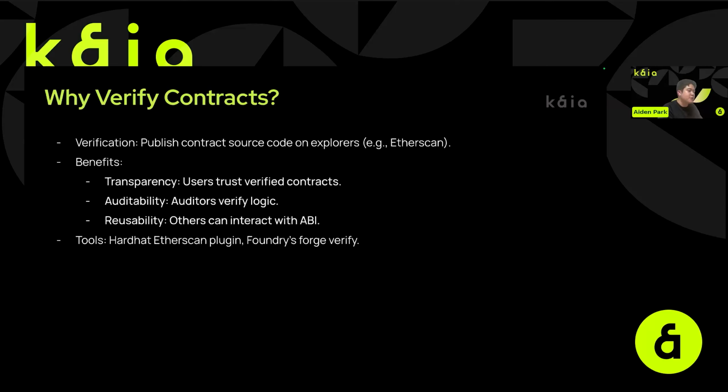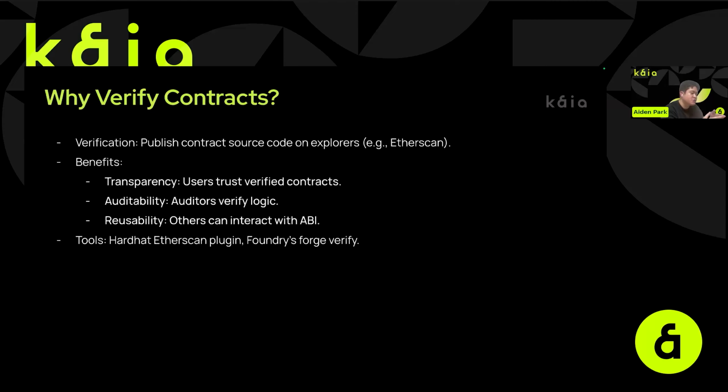If you search for some contract, like some DeFi dApps that you're using, on Etherscan or Kaiascan, and in the contract code section of the contract page there is nothing, then you might wonder what the contract source code is exactly.